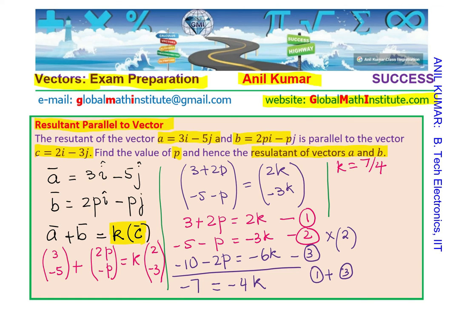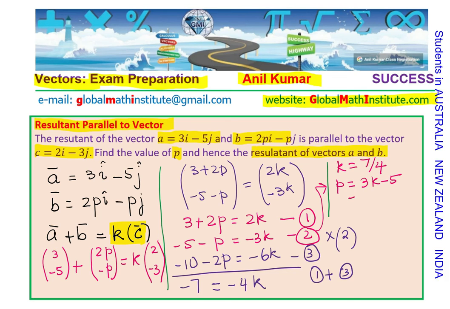From the second equation, taking p to the right side, p is equal to 3k minus 5, which is 3 times 7 divided by 4 minus 5. So 21 minus 20, taking 4 as common denominator, will give us 1 over 4. So we get the value of p as well as the value of k.